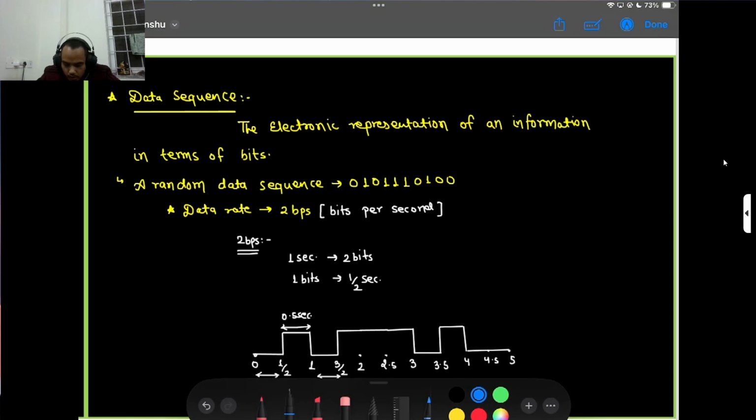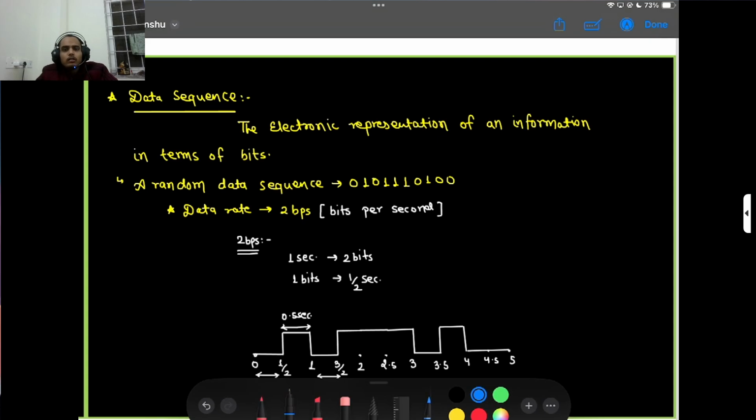So data sequence, the electronic representation of information in terms of bits. A random data sequence is like 0 1 0, or triple one. Each bit is either zero or one. That is my data sequence, and the data rate is 2 bps, bits per second.